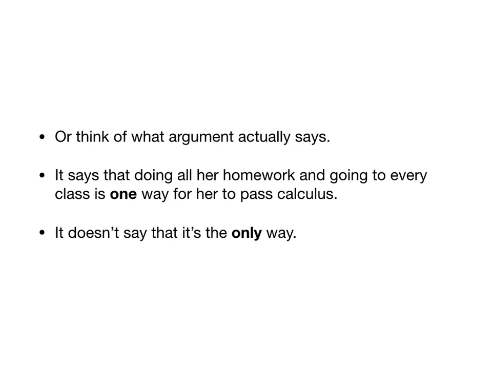The argument never says it is the only way to pass class, right? If it were the only way to pass class, this would be a valid argument, but the argument never says that. Since there are other ways, or at least it's possible that there are other ways she could pass class, for everything that the argument actually tells us, it's not a valid argument.